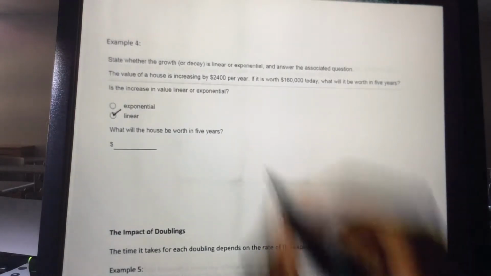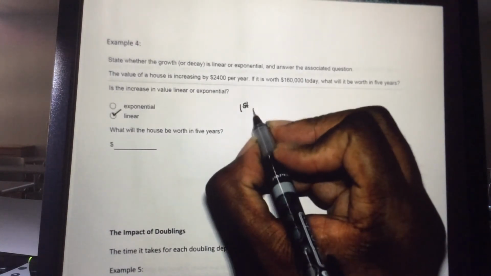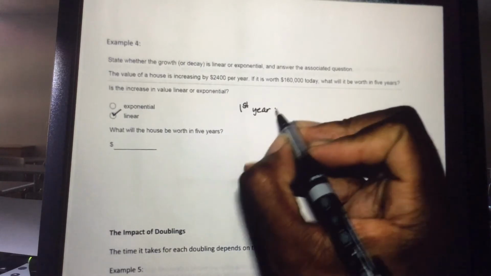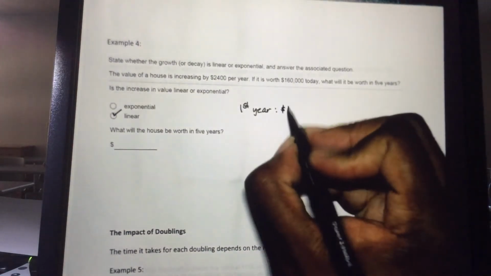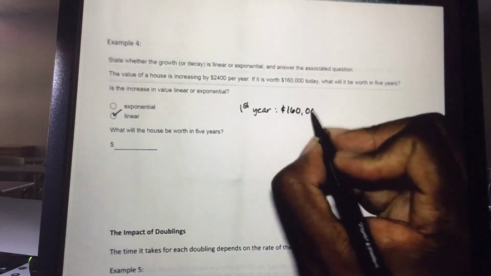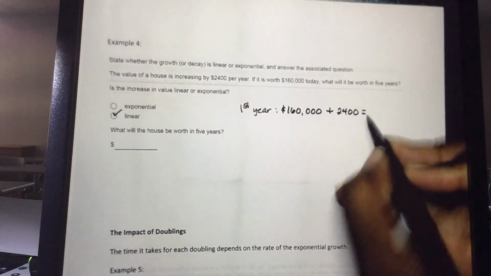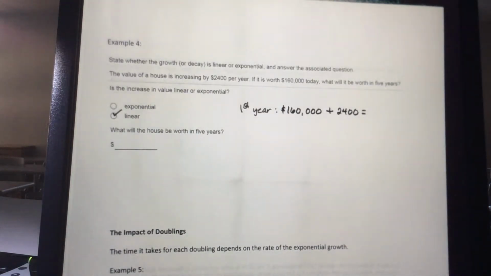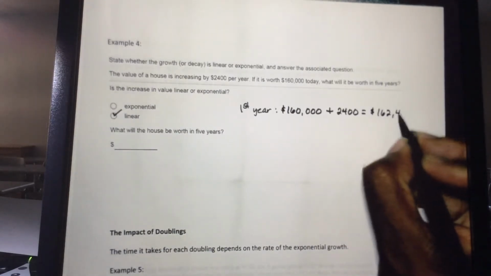And what will be the value of the house in 5 years? Well, let's say after the first year, it's worth $160,000. Now, if we add $2,400 to that, after the first year it will be $162,400.